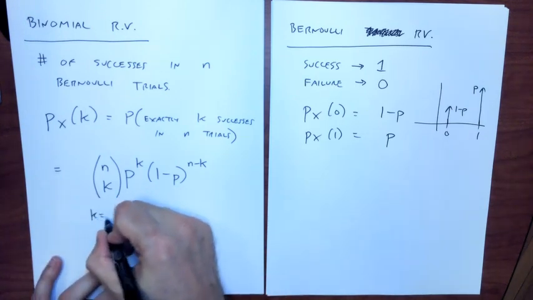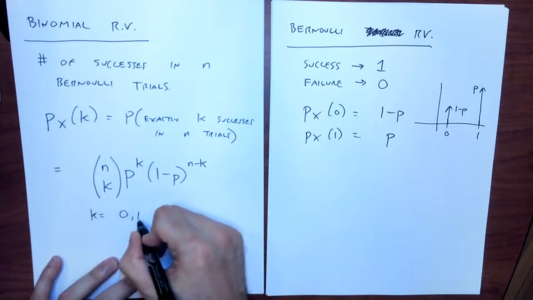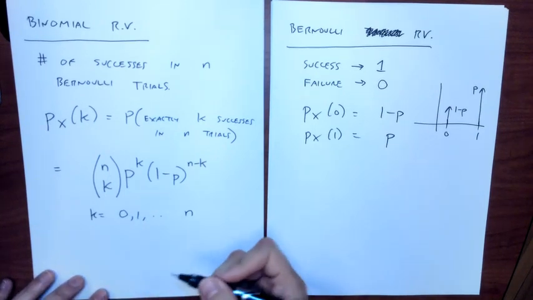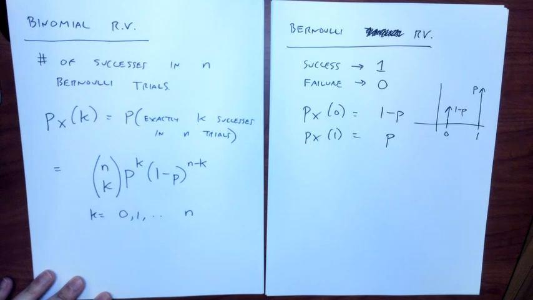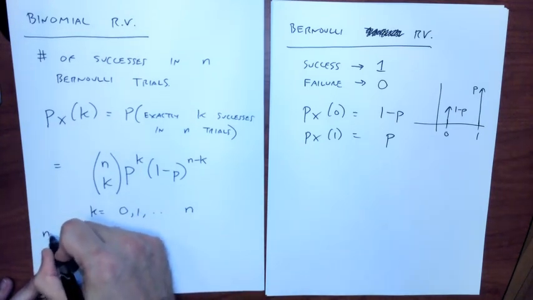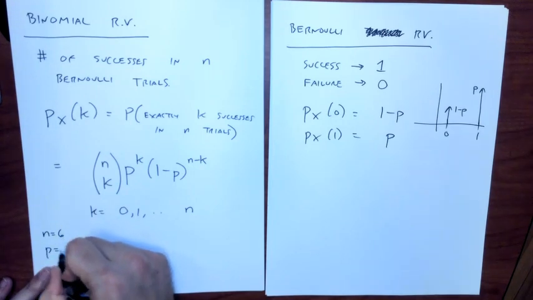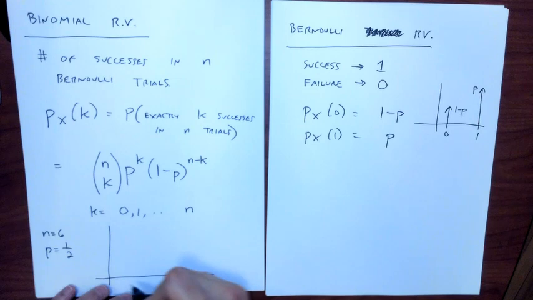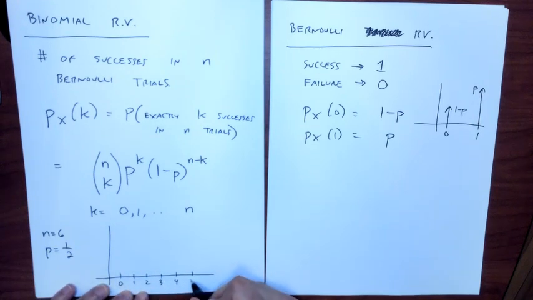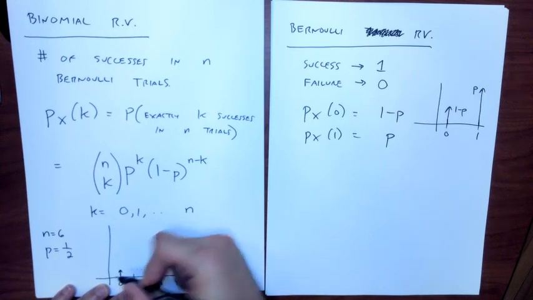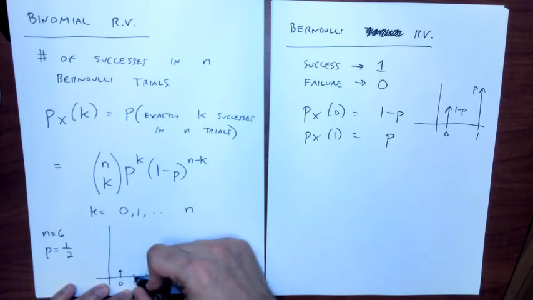And the number of possibilities, either I could have 0 successes, 1 success, all the way up to n successes. If I were to draw this, it's exactly like the Plinko that we were showing last time. Let's suppose that n equals 6, and the probability of success is 1/2. So this is like flipping a fair coin. My outcomes are from 0 to 6, and it's not that likely that I get only 0 and not that likely that I get all heads.